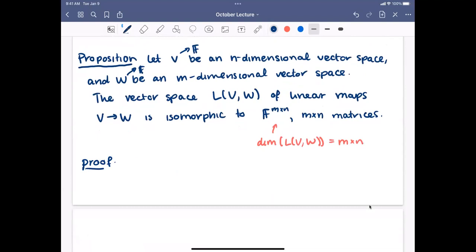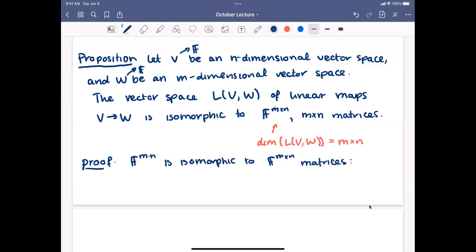Yes, so I'm thinking of F to the m times n as one really long vector. So this is isomorphic to the space of m by n matrices.